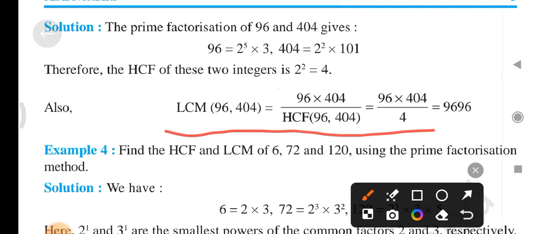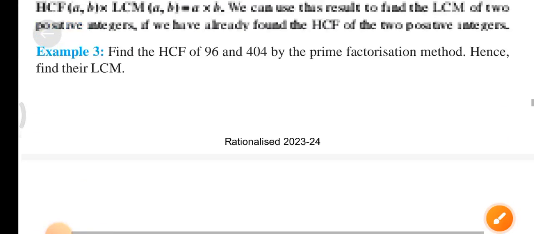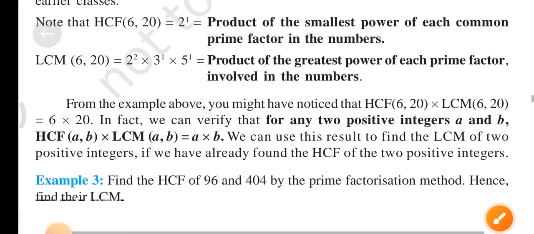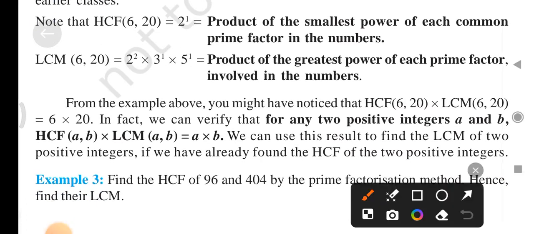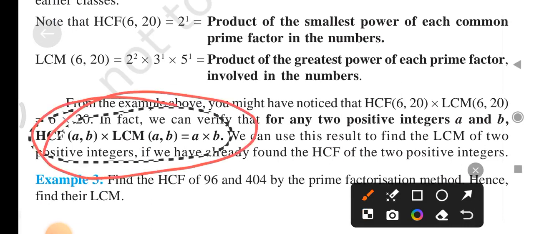By the formula, HCF of a comma b into LCM of a comma b is equal to a into b.